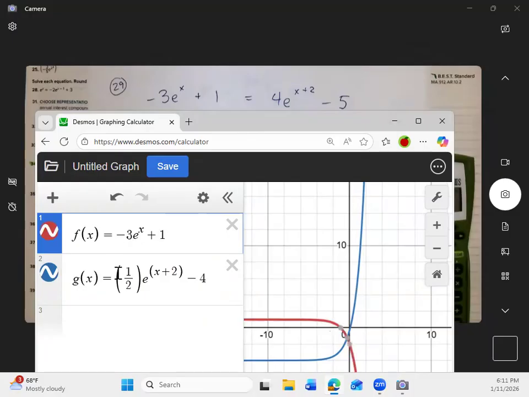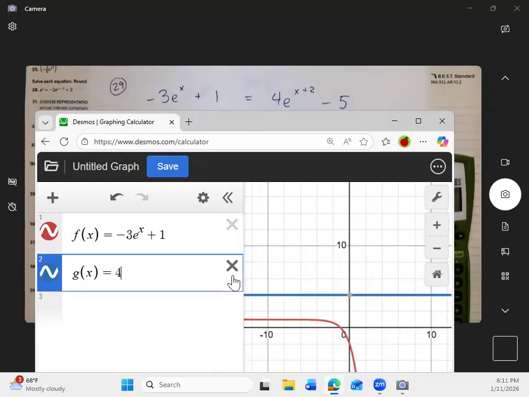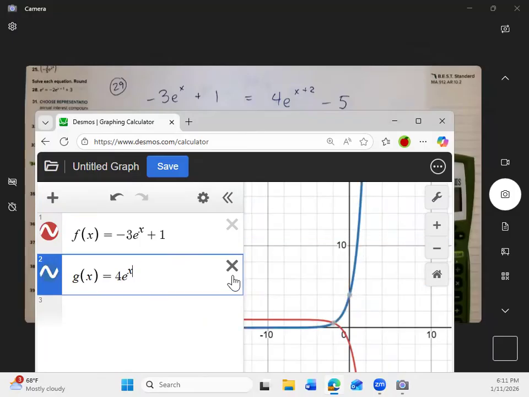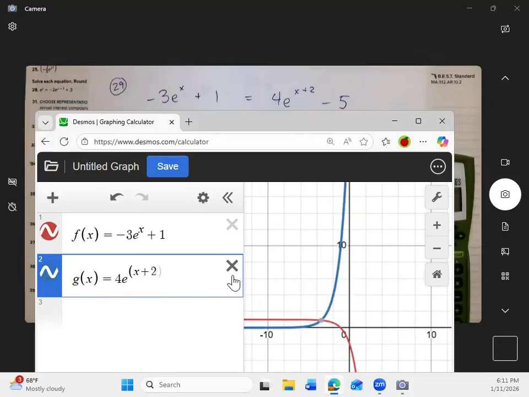And this one down here is 4e to the x plus 2. No, that's not. Why does it not put that up there for me? Let's do open parenthesis. There we go. That looks better. And the whole thing minus 5.